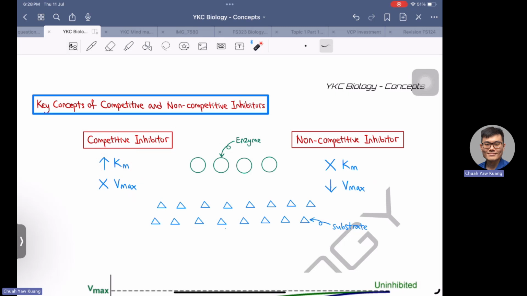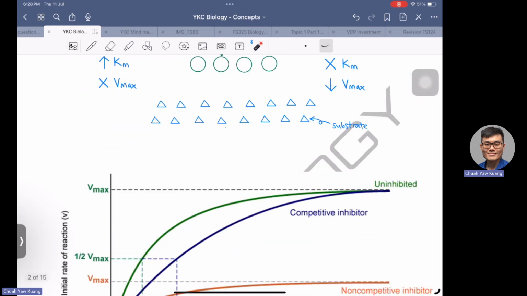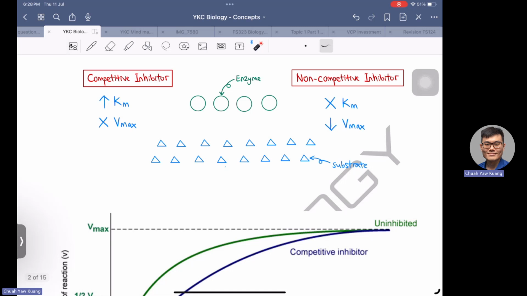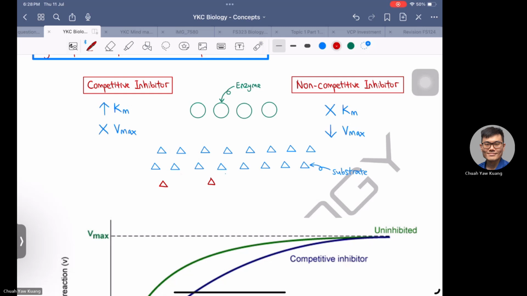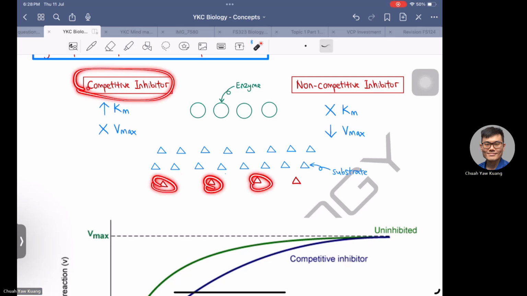That means it makes the substrate less likely to bind to the enzyme. I will use the red color to indicate the competitive inhibitor. Now let's say the competitive inhibitor has been added.